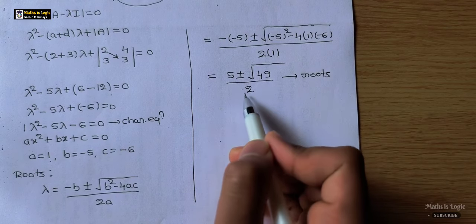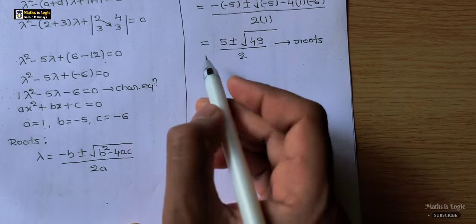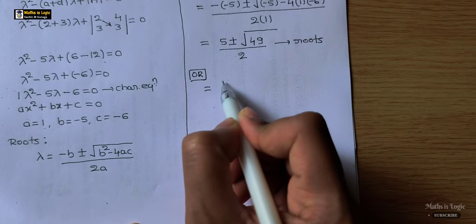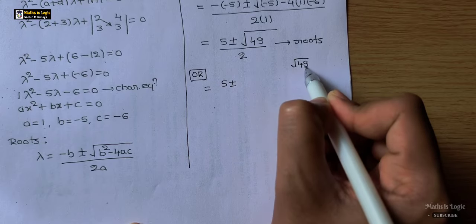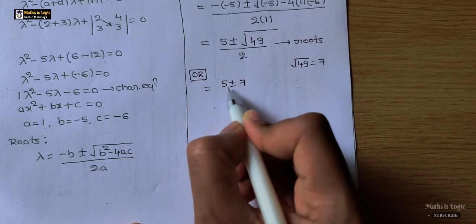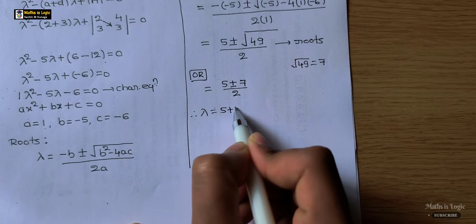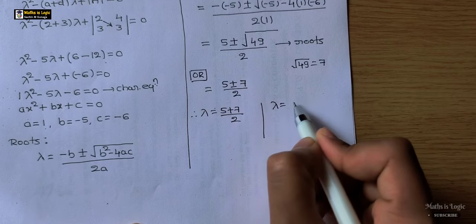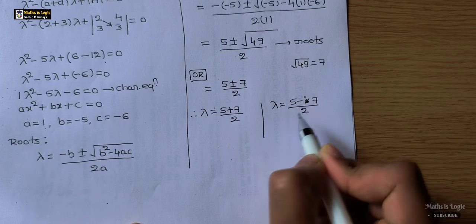One is a positive value, another one is a negative value. Further also you can do the simplification. If you want to simplify further, we can do like this: 5 plus or minus root 49. If you do it in the calculator, how much will it show? 7. So right here 7 divided by 2. Therefore lambda equals 5 plus 7 divided by 2 as the positive value, and the other one is the negative value, 5 minus 7 divided by 2.